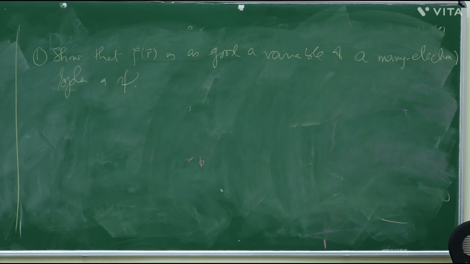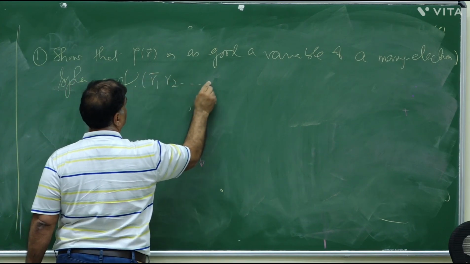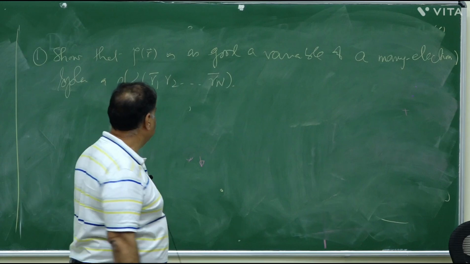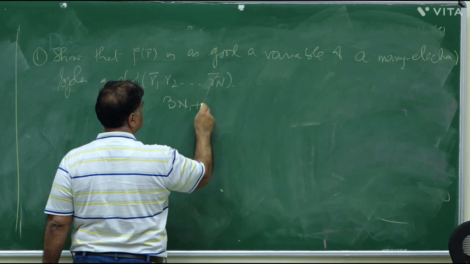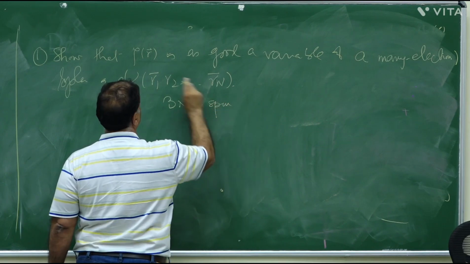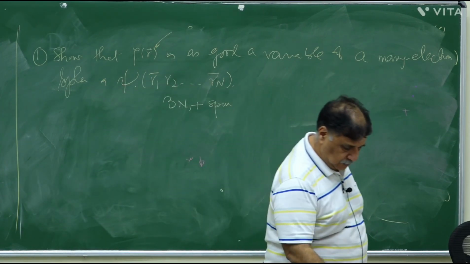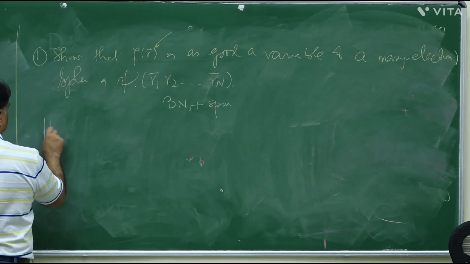Again, that's a huge demand, because now you notice this is rho r and psi is R1, R2, and all the way to Rn. Right? So this is Rn plus spin. And we are saying this is okay. How do we do that, right? So that's where the Hohenberg-Kohn theorem comes.